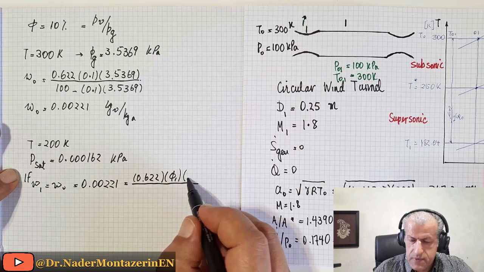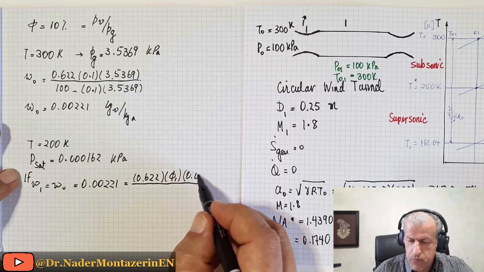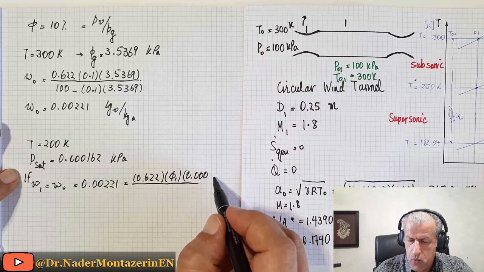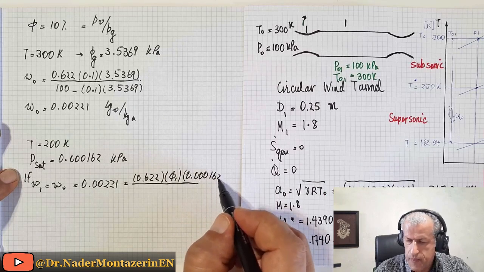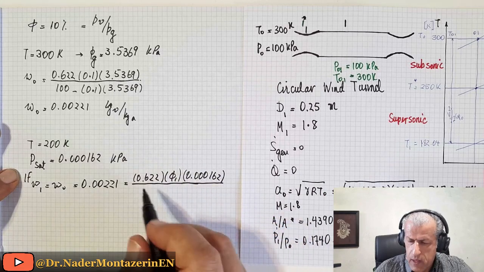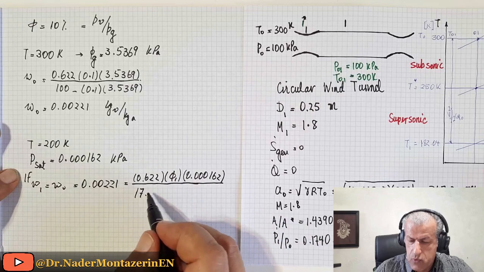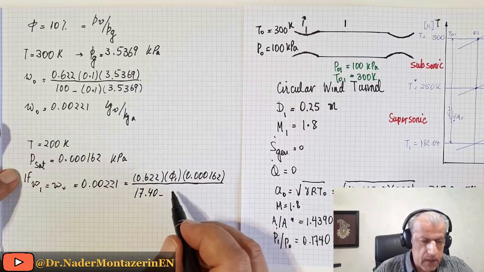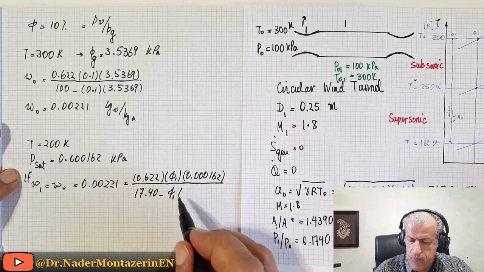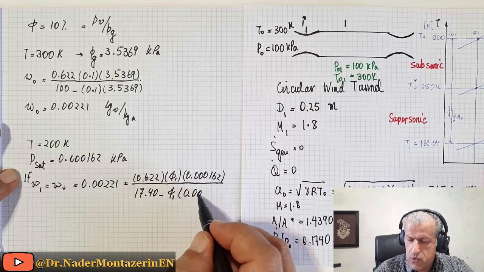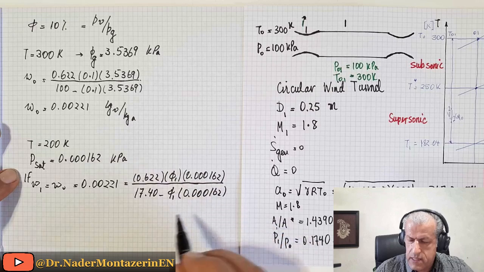3 times 0.000162 divided by 17.40 minus φ1 times 0.0000162.